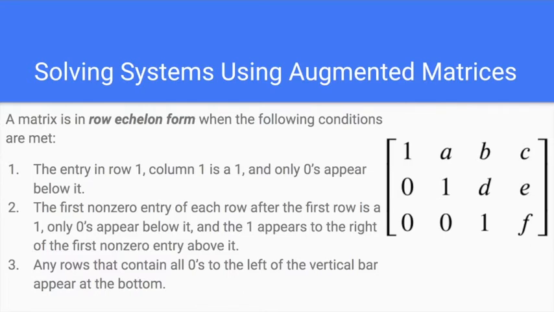Okay, and then we could take that and plug it in, so we'd have d times whatever f is plus 1y would equal e on the second row, and so on and so forth. We just basically back substitute, work our way up the matrix.